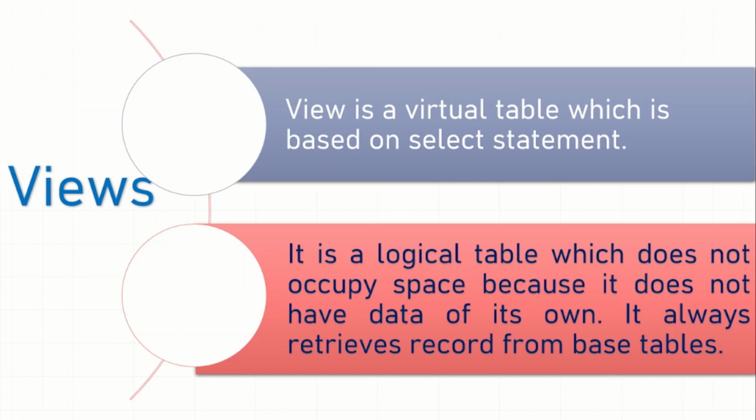So that's why view is called logical. It does not occupy any space, and it does not have data of its own. It always retrieves data from the base table. Means whatever data a base table is having, view is going to fetch that data based on the select statement it is having.